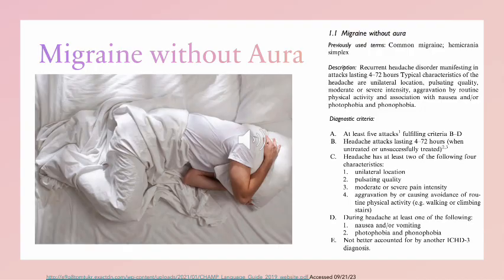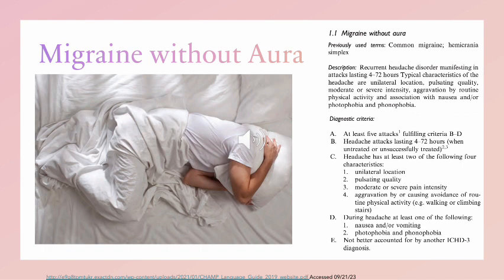So this is a more technical criteria for migraine, coming from the International Classification of Headache Disorders 3. It's something you can reference to more specifically diagnose migraine in a patient. It's definitely more than you need to know. You don't need to have it memorized by any means.